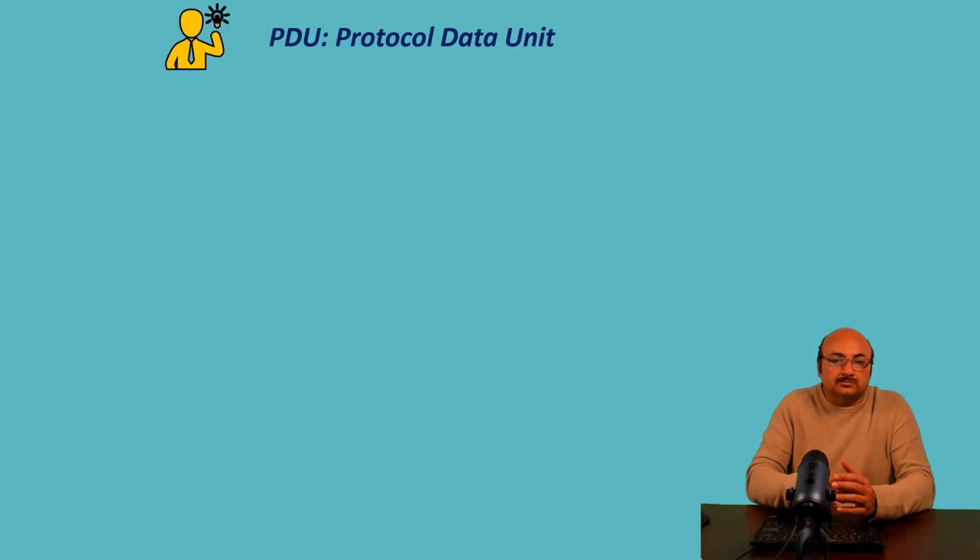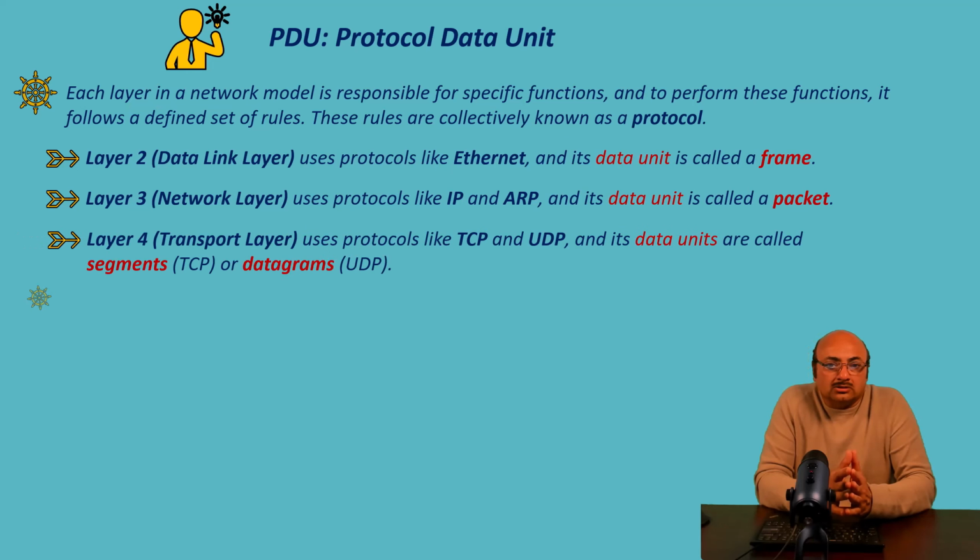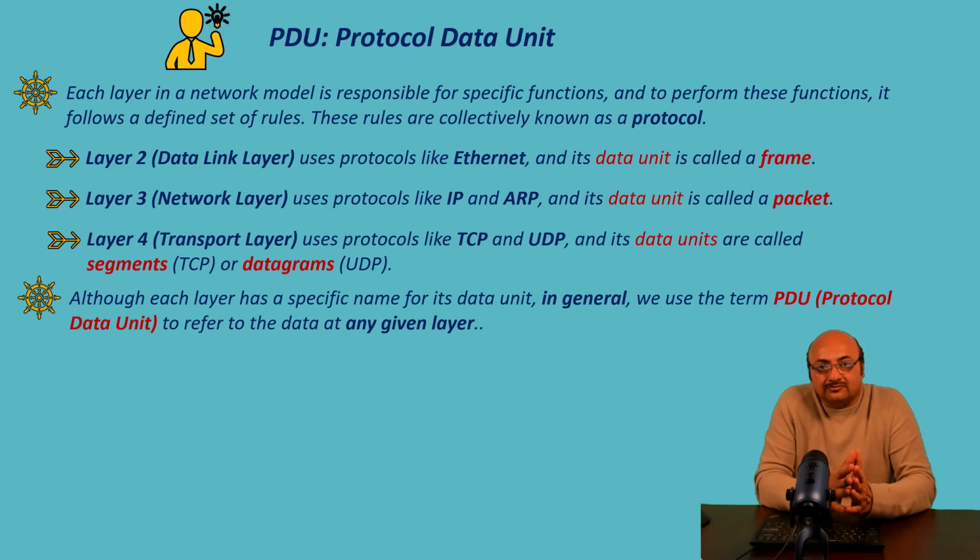Protocol data unit. Each layer in a network model has a defined set of functions, and for performing these functions they follow a set of rules, and these rules collectively are known as protocols. For layer 2 we have protocol Ethernet and the data unit for it is known as frame.